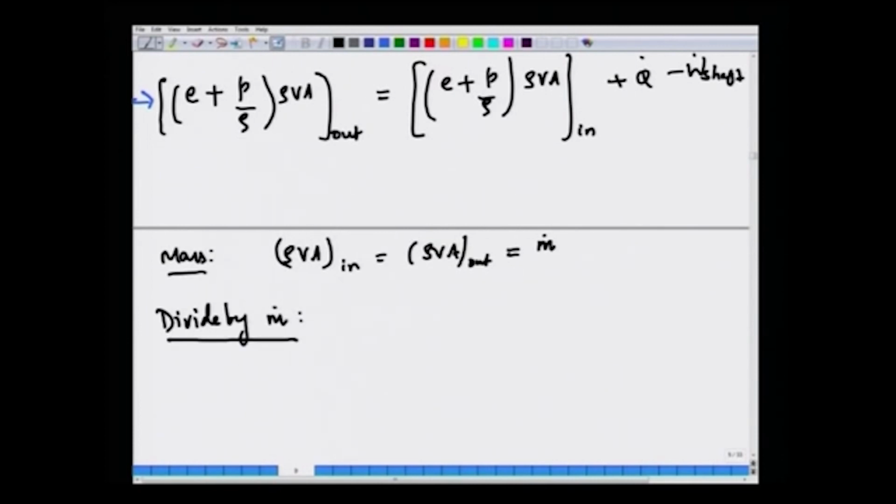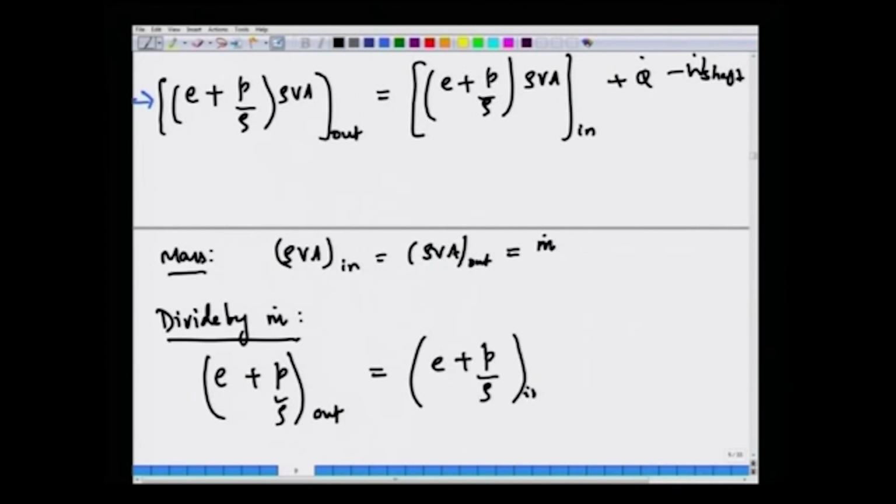throughout to give E plus P by rho at outlet is E plus P by rho at inlet plus small q, which is essentially Q dot by m dot, minus small w shaft, which is essentially W dot by m dot.